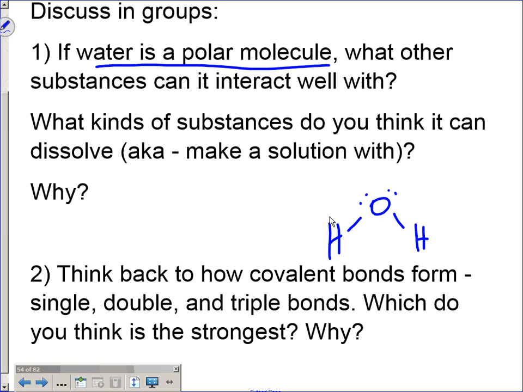Go for it, Ashton. Isn't there a partial negative on top and a partial positive on bottom? Okay, how do you know that? That's a true statement. She says partial negative here and a partial positive here. Tell me how you came to that understanding.